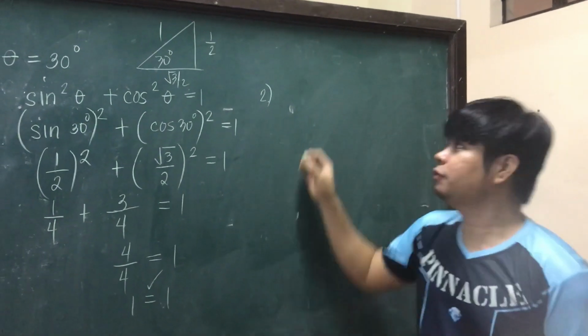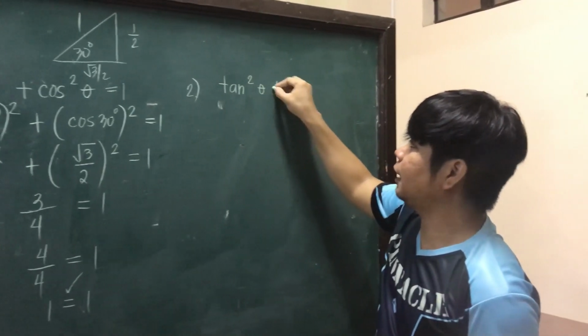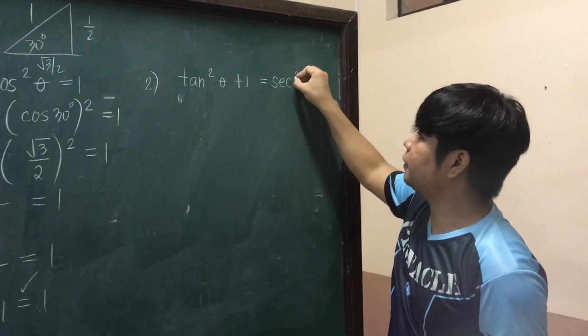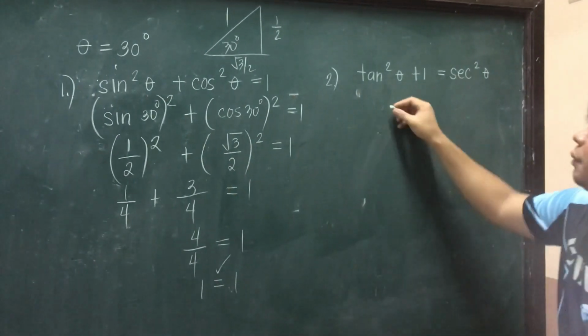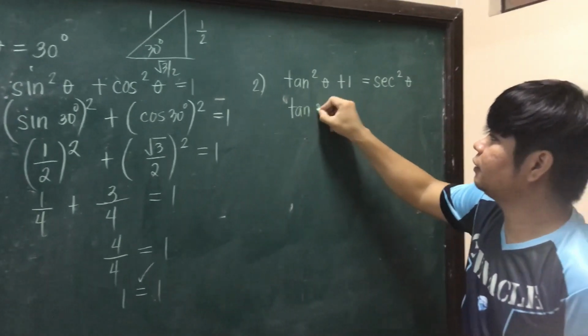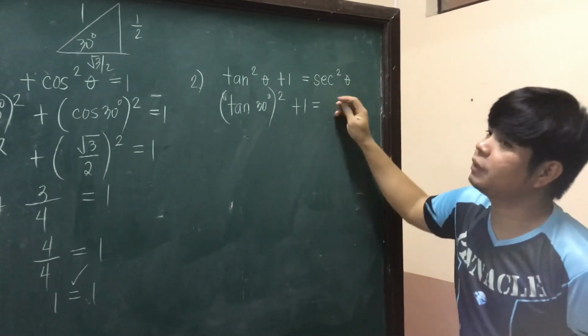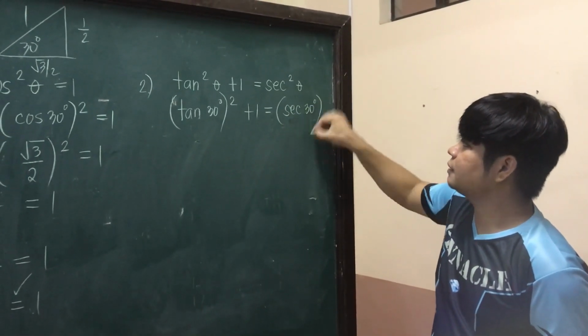We can also prove tangent squared theta plus 1 is equal to secant squared theta, given that theta is 30 degrees. So we have tangent squared 30 degrees plus 1 equal to secant squared 30 degrees.